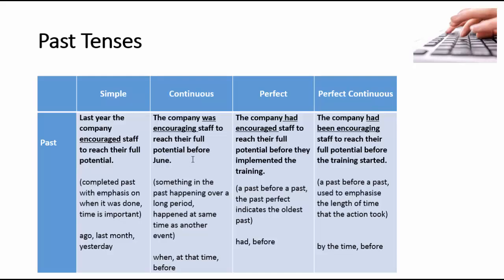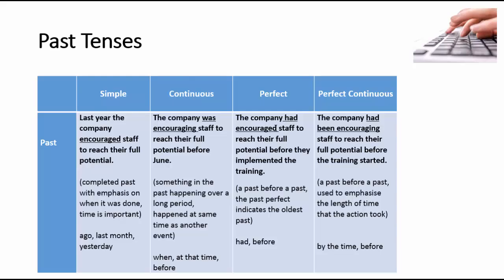The past perfect: the company had encouraged staff to reach their full potential before they implemented the training. So we're actually using two tenses there. The first is a past perfect, and the second one, where we say they implemented, is a past simple. So often the past perfect and the past simple will work together.